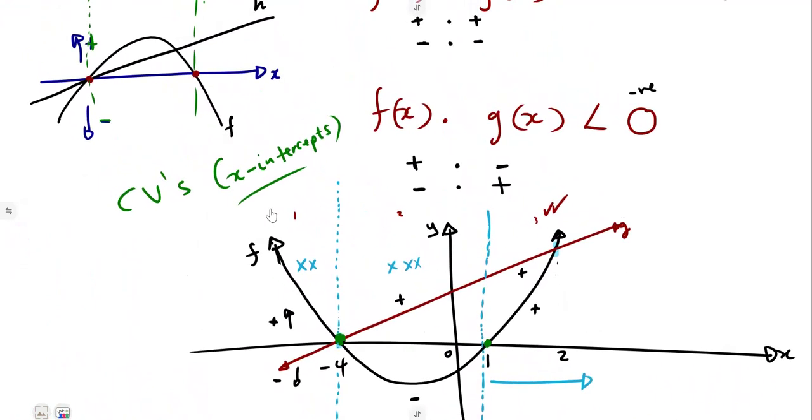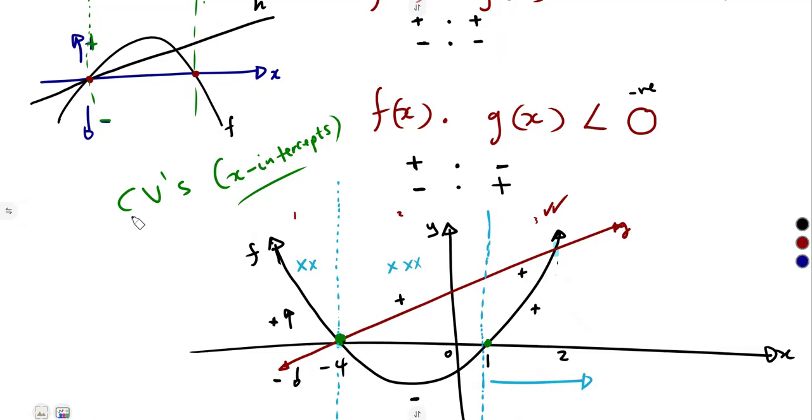So we saw that what matters when we are given this are the x-intercepts, for the given graphs. And it is important that when you are dealing with a hyperbola, you work with the asymptotes as your critical values. You must also put the asymptotes whenever there is a hyperbola.